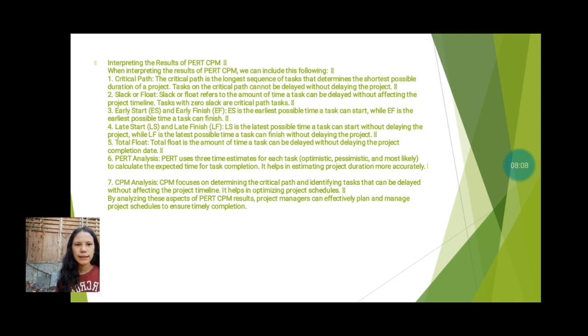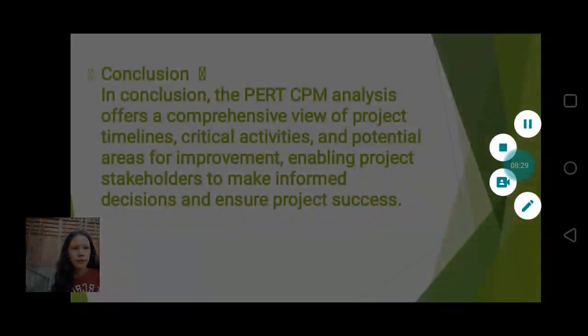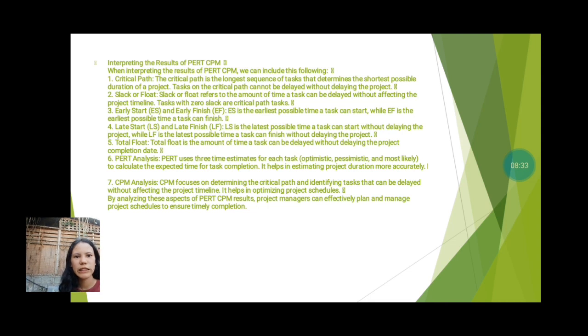3, early start, or ES, is the earliest possible time a task can start, while EF, or early finish, is the earliest possible time a task can finish. 4 is late start, or LS, which is the latest possible time a task can start without delaying the project, while LF, or late finish, is the latest possible time a task can finish without delaying the project. 5 is total float.